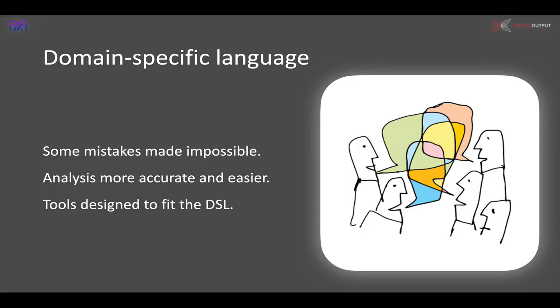It won't carry on forever. So we can give people more useful feedback about what they write than if they've written in a general language. We can also design programming tools that help, and those tools can be designed to fit the DSL directly. So we can make programming easier, more precise, and more pleasant for people.